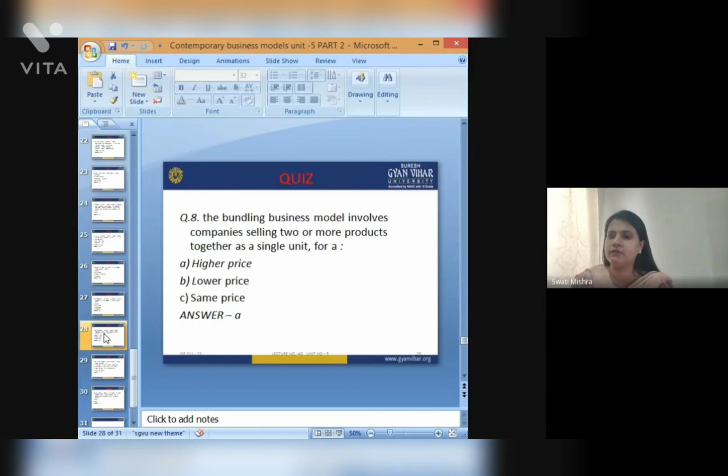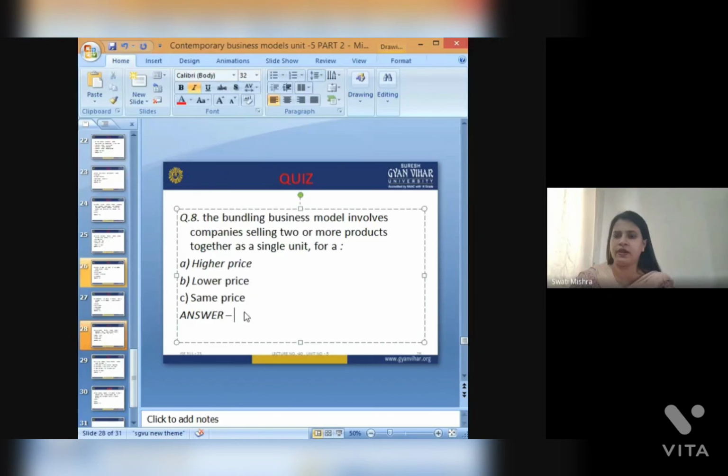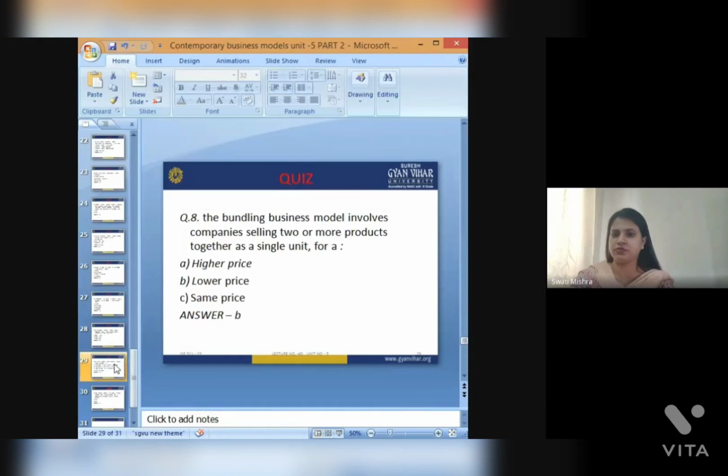The bundling business model involves companies selling 2 or more products together as a single unit for A. Higher price, B. Lower price, and C. Same price. And the answer is B. Lower price. Sorry, it was wrongly typed over here.